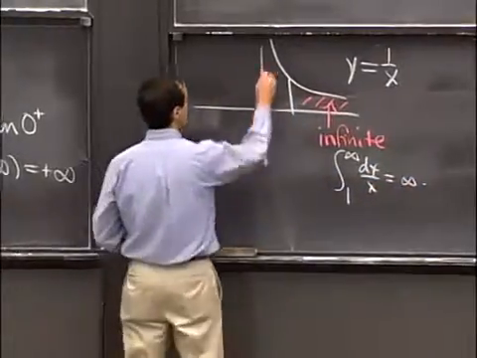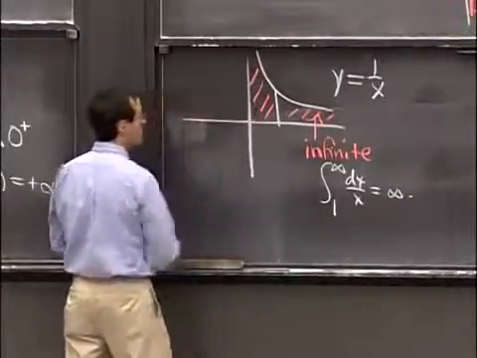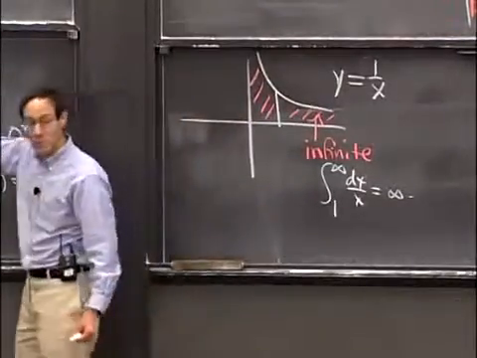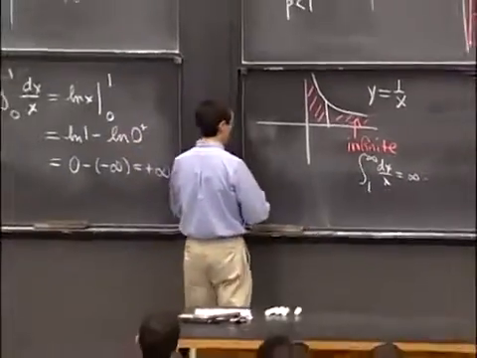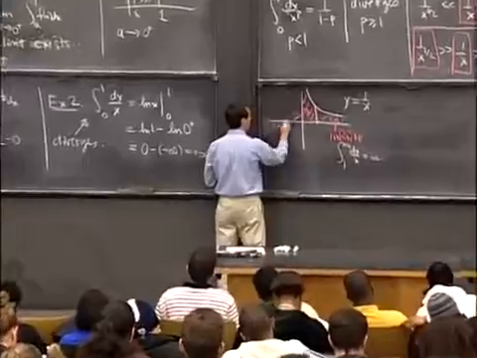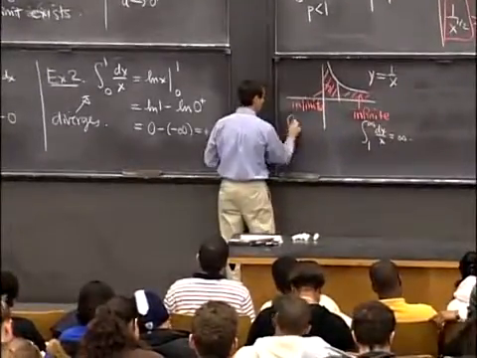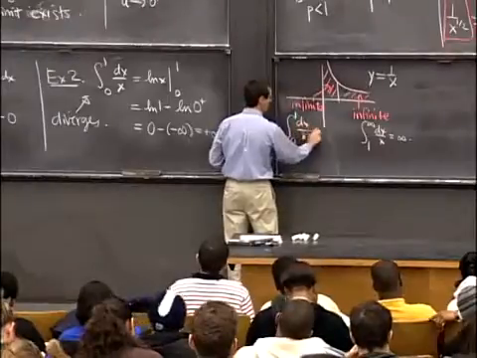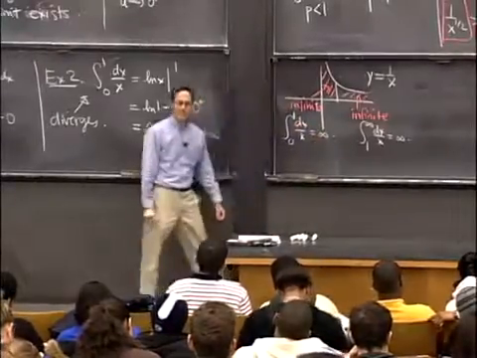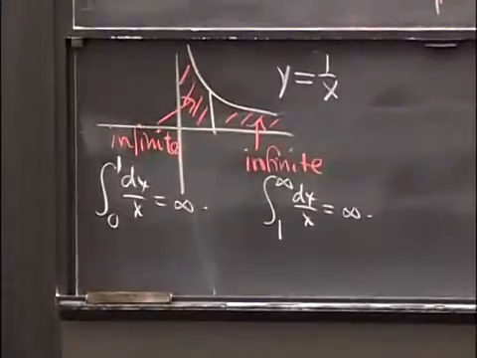And the other piece, which we calculated last time, here in example 2, has the same property. It's infinite. And that's the fact that the integral from 0 to 1 of dx over x is infinite. All right, so we lose on both ends.